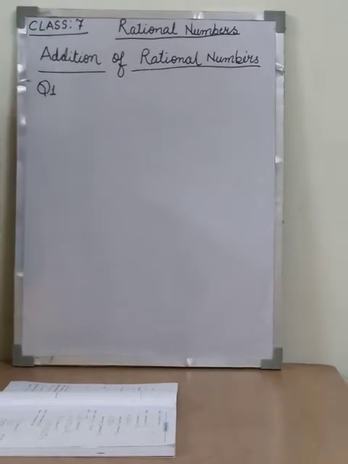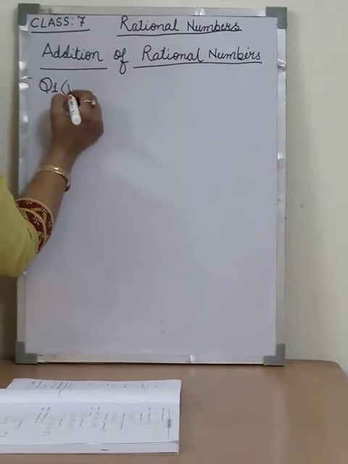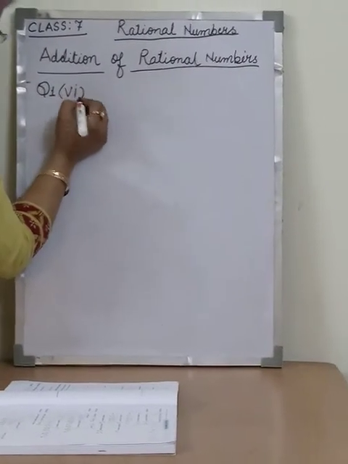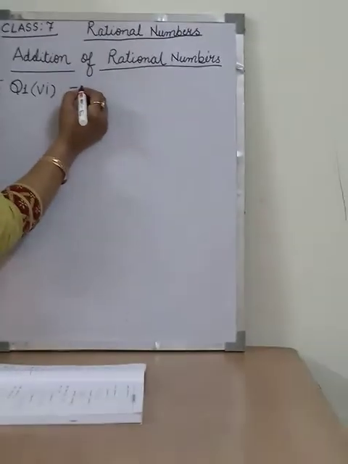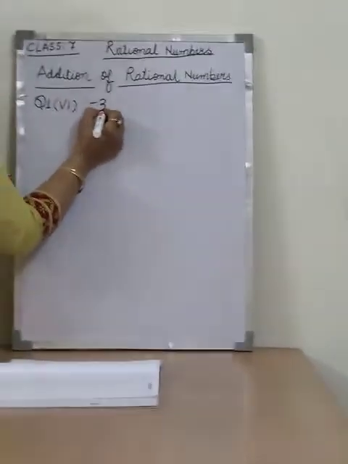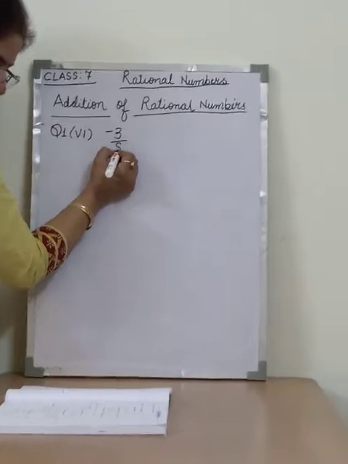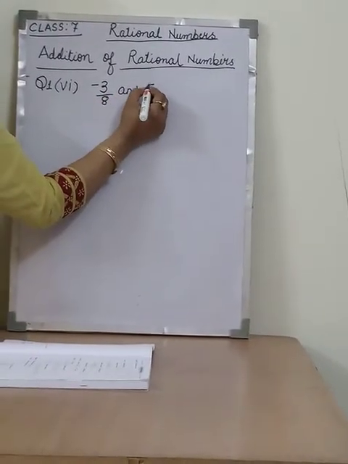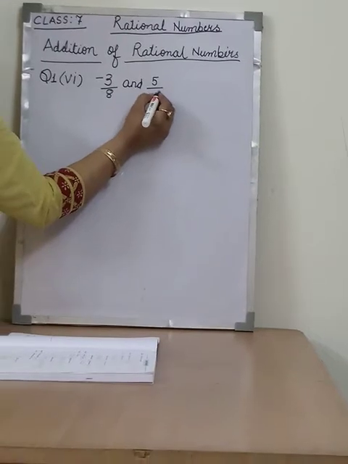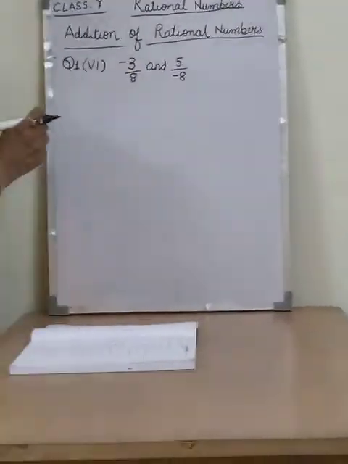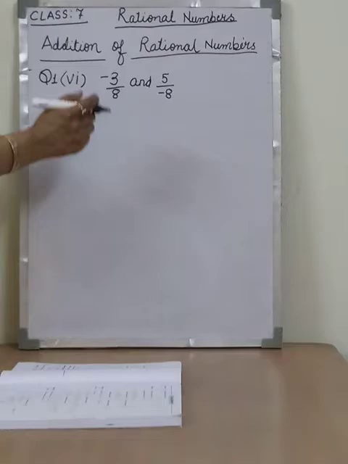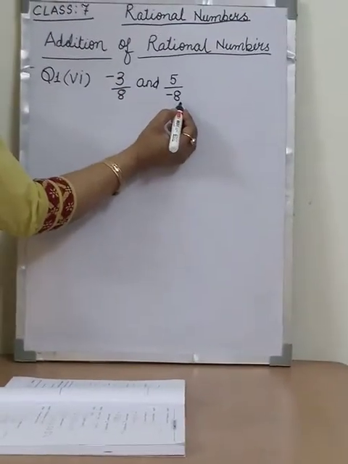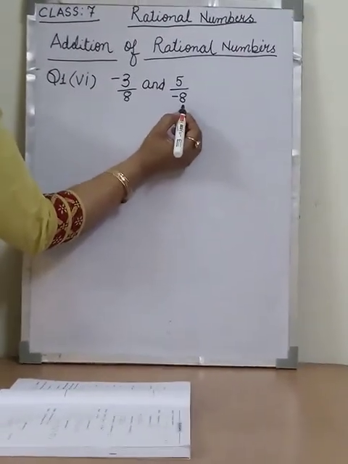Students, we have to do all the parts of each and every question. 6th part, the question given is minus 3 by 8 and 5 by minus 8. Students, the standard form says we should write the rational number with a positive denominator.